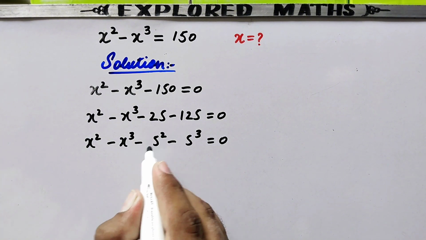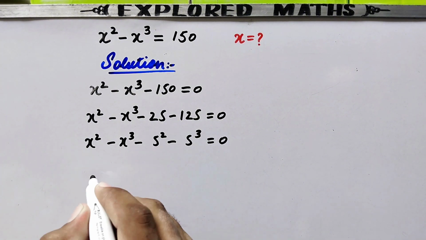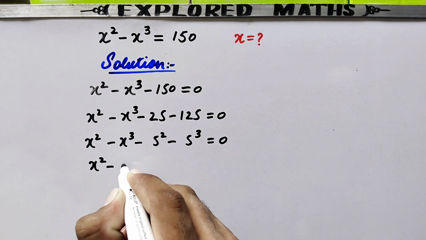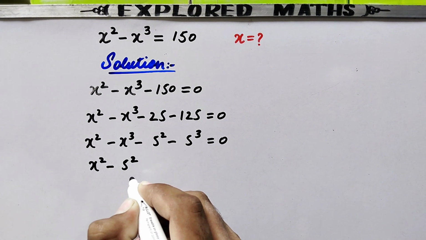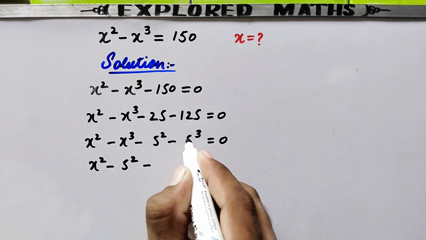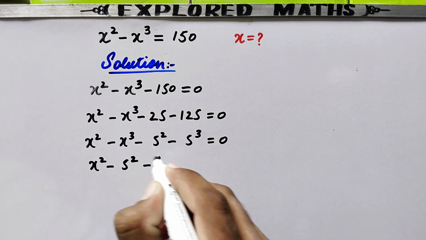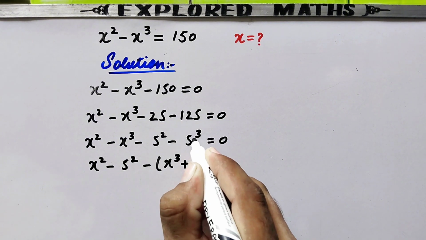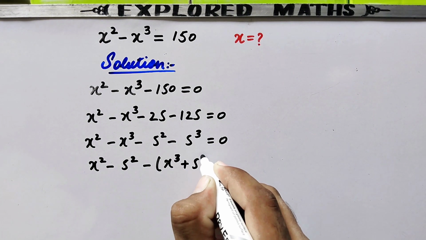Now joining squared values and cube values, here will be x square minus 5 square, minus, taking minus common from cube values, here will be positive x cube plus 5 cube equal to 0.